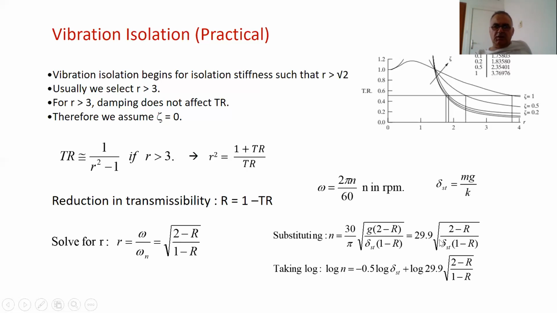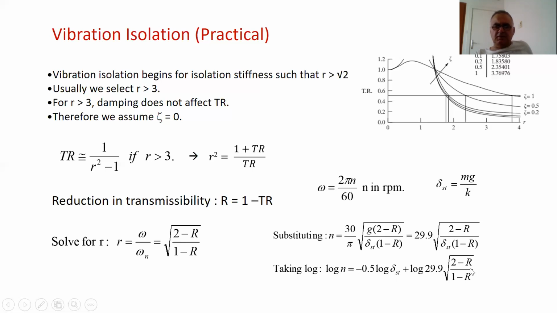If you take the logarithm of both sides of this equation, you get log of N is equal to the square root of 1 over delta static, so it is 0.5 minus 0.5 log delta static, plus log of this (2 minus R) divided by (1 minus R).